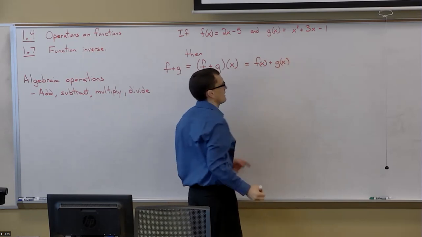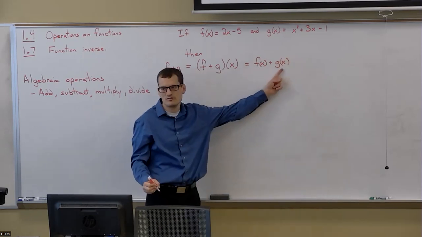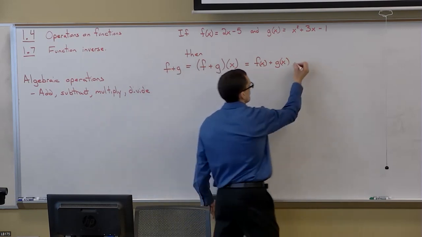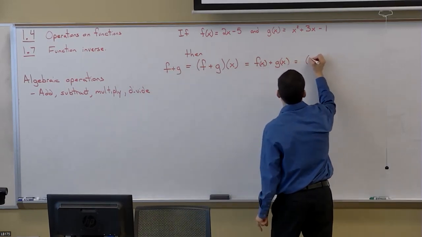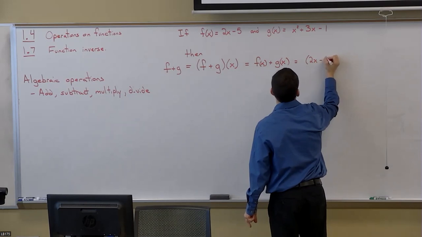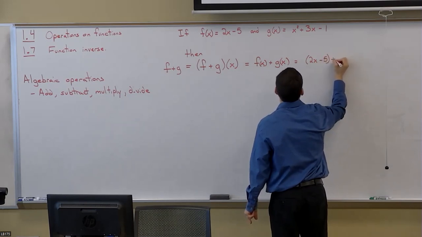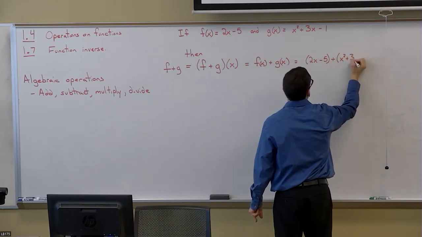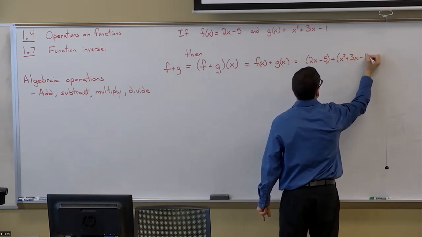That means the same thing as f of x plus g of x, which is essentially just taking the output of 2x minus 5 and adding an output of x squared plus 3x minus 1.